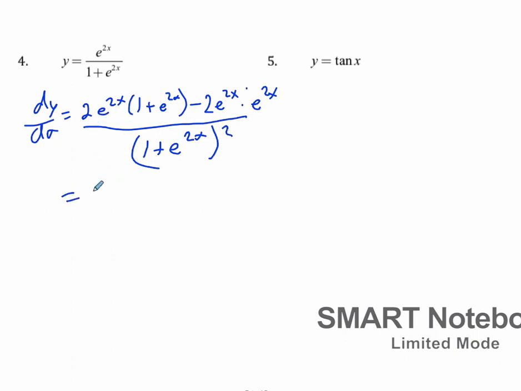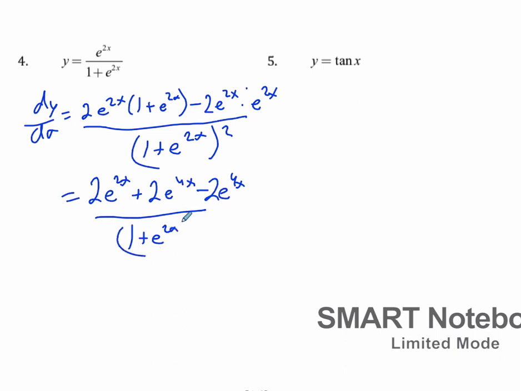Okay, so if I expand this, I get 2e to the 2x plus 2e to the 4x minus 2e to the 4x. So actually those two just cancel. So you get 2e to the 2x over 1 plus e to the 2x all squared.